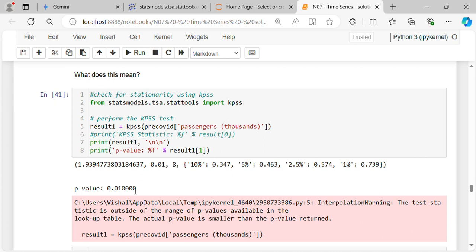The actual p-value is 0.01, and 0.05 is greater than the p-value retained, 0.01. So the p-value retained is 0.01.